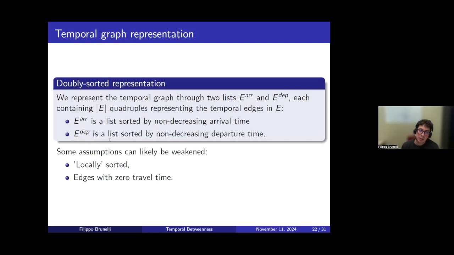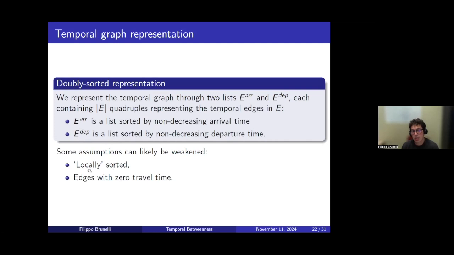And we believe that some of these assumptions that we made so far can be weakened. Let's say, for example, these two lists can be assumed to be locally sorted instead of having a fully list sorted by arrival time.